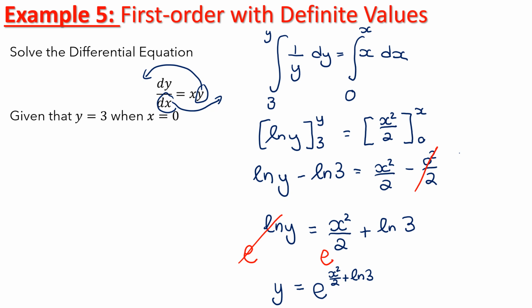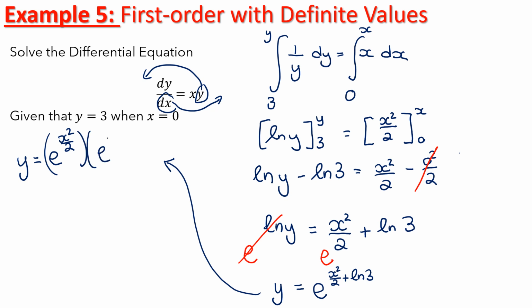However, what we can do now is on that right-hand side, we can break that up using our rules of indices. That is law 1. So we get e to the power of x squared over 2, and that's going to be multiplied by e to the power of ln 3, which this will tidy up to simply 3. So y is equal to 3 e to the power of x squared over 2.